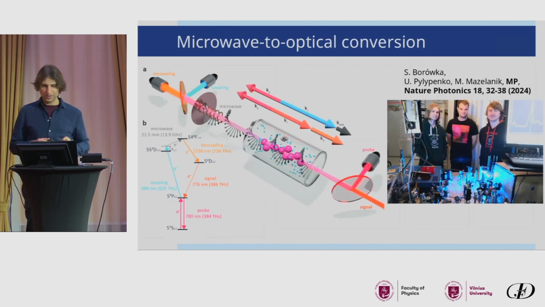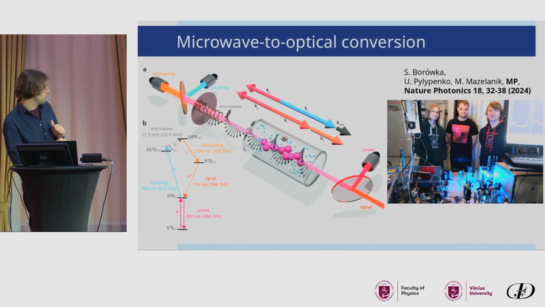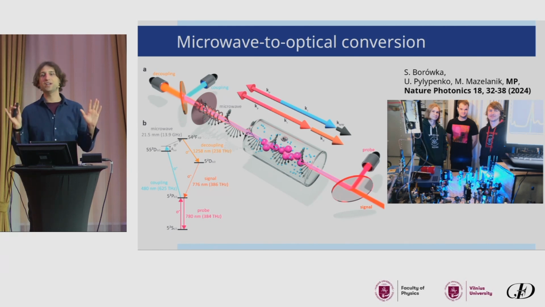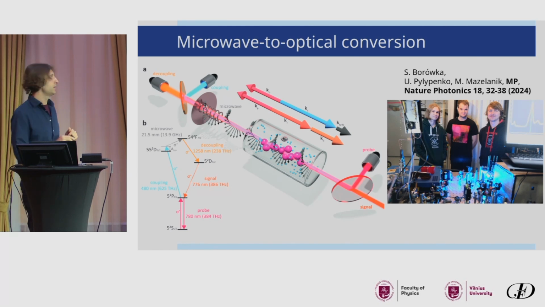But now, for our particular realization, we use a six-wave mixing process, which involves 3 different lasers, and then a microwave field gets absorbed, while a signal photon at 776 nanometers, a very convenient wavelength to be detected, gets emitted.